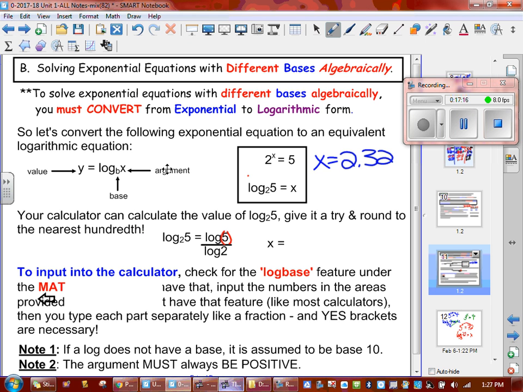It's got to hang down by that G. And when you're writing questions, please make sure you're very, very specific with it. Hang it low. Because if I can't tell the difference between your base and the argument, I'll mark it wrong. You've got to be able to show the difference. Okay. So we got the same answer, 2.32. So this tells you what the log-base function in your calculator does. We're going to continue on.